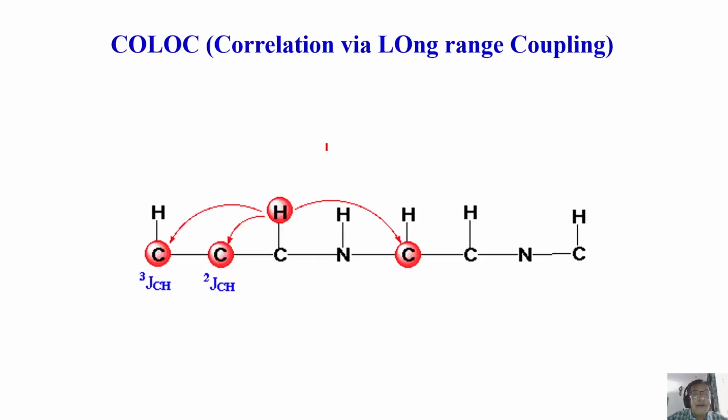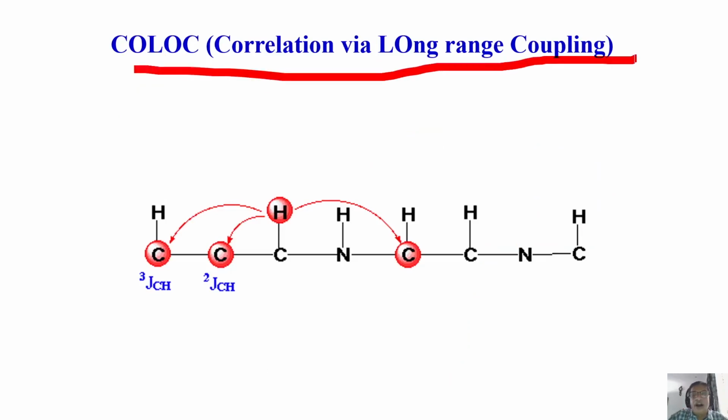There is another experiment called the COLOC experiment, similar to heteronuclear correlation, where it is a correlation via long-range coupling. Correlation between proton and carbon, heteronuclear correlation via long-range coupling. For example, in the previous experiment, what did you observe? There was a correlation of carbon to a directly attached proton. That is HETCOR.